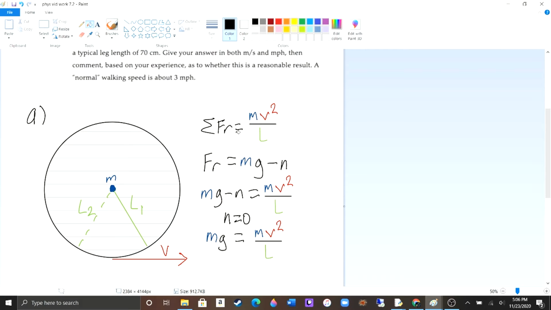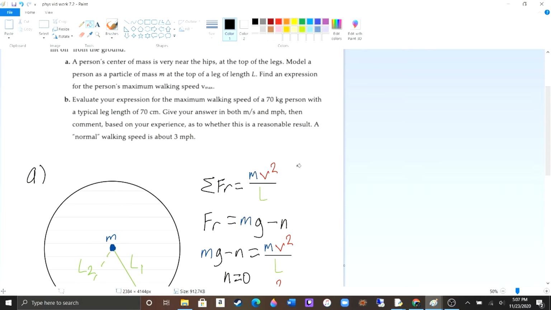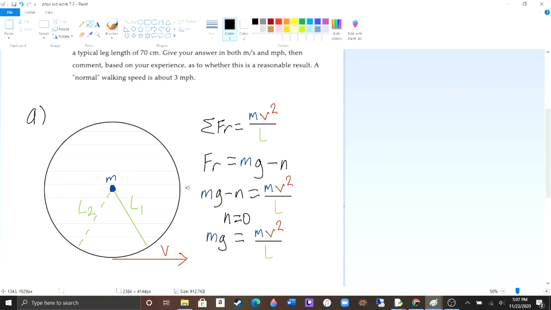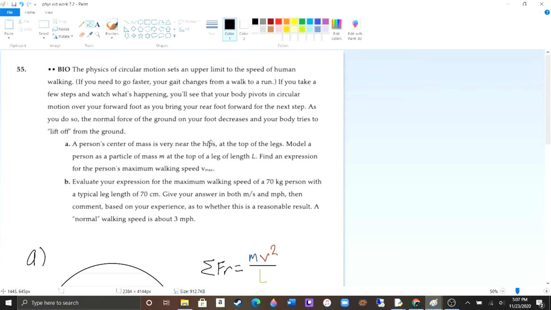The sum of that equals our mass times velocity squared over L. In the textbook it's r, but because our radius is the length of the leg, we can just put it as L. And then we can also set F_r equal to mg minus N, because gravity at the beginning of the motion is enough to start the motion, and that's enough to take over. So the normal force would be 0.